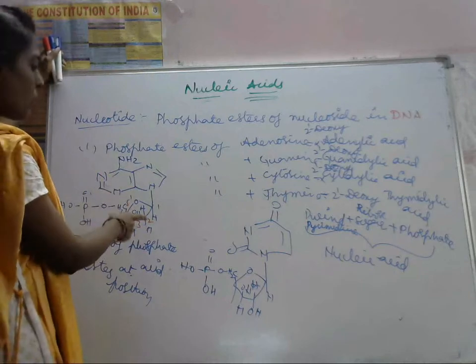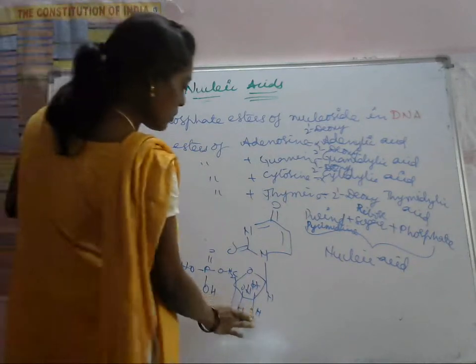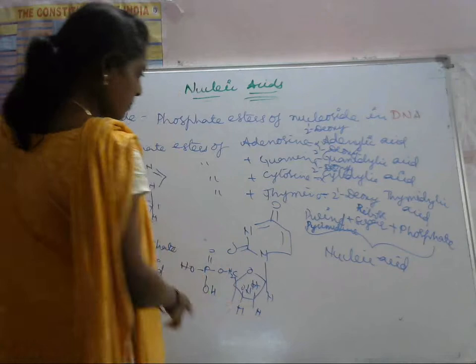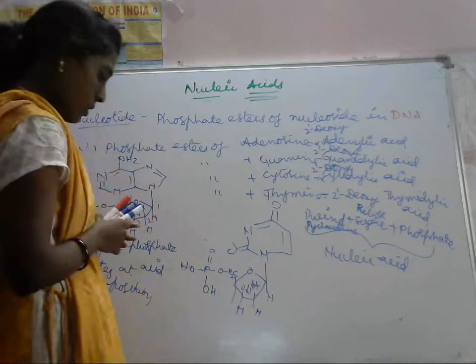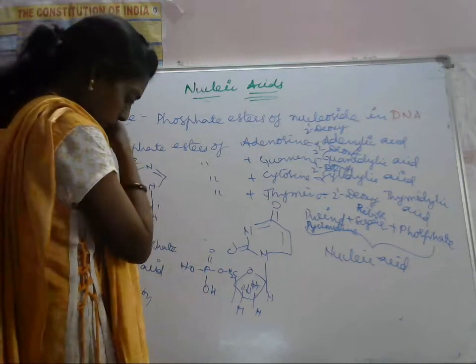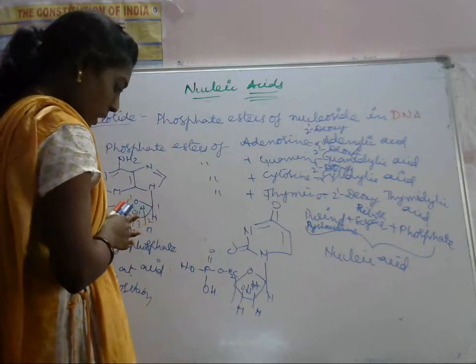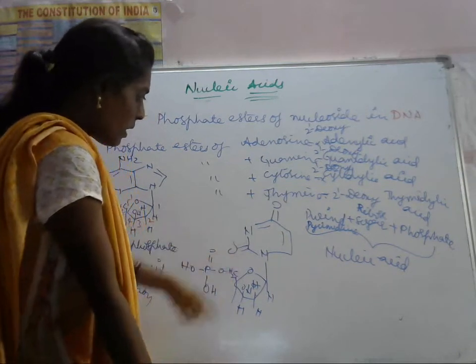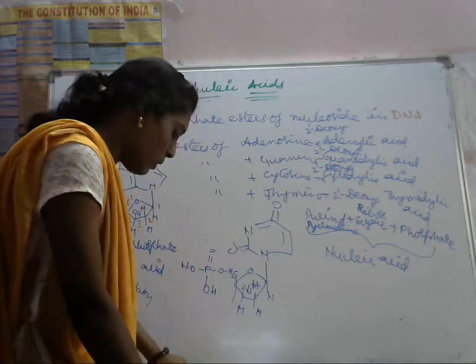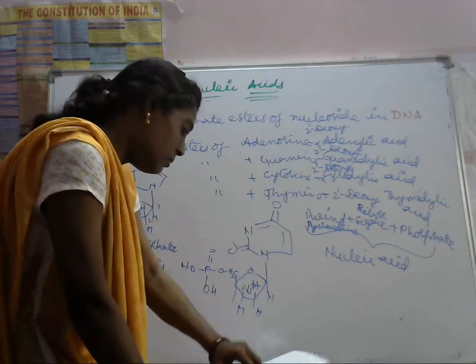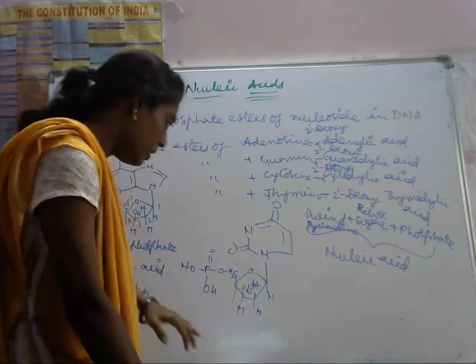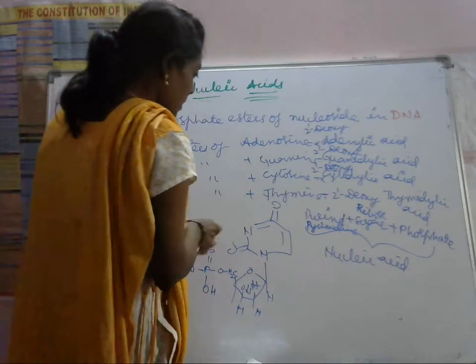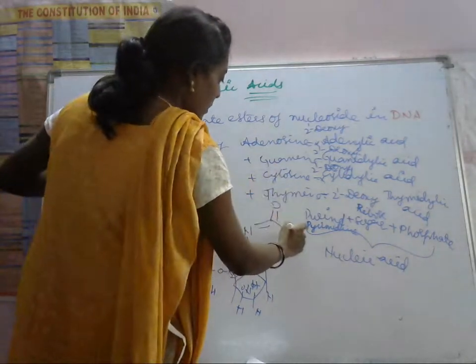If you remove the oxygen at every position, then it is called this. This is uracil, right? So there is no uracil in DNA, there is thymine. If you replace this one, what will be there here? We have a methyl at this position.